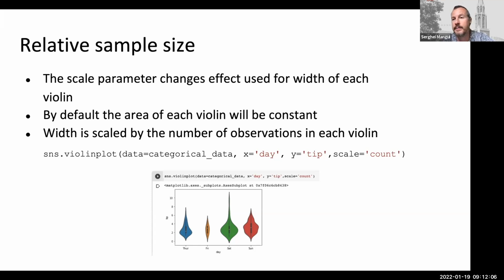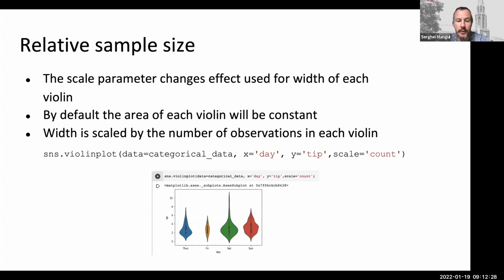There is no possibility to show the absolute sample size, so people know precisely, but you can show relative. And there is an option for that. It's called scale equal count, right here. Scale equal count. Then the width of the plot will be the relative sample size.